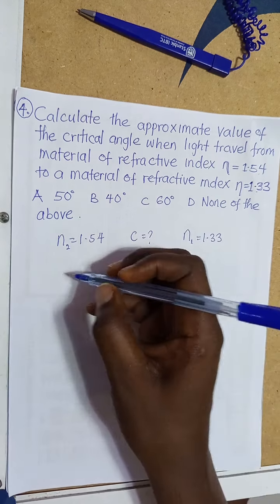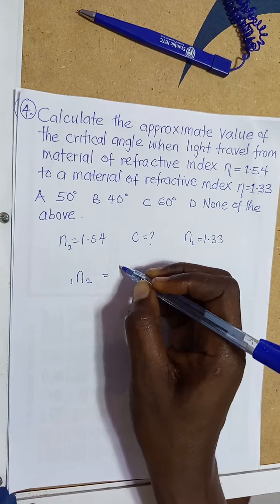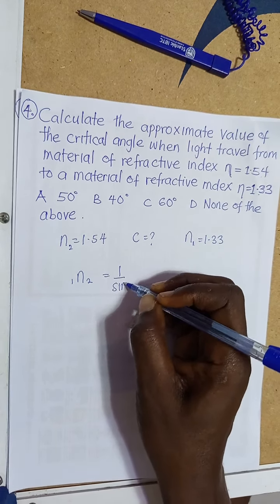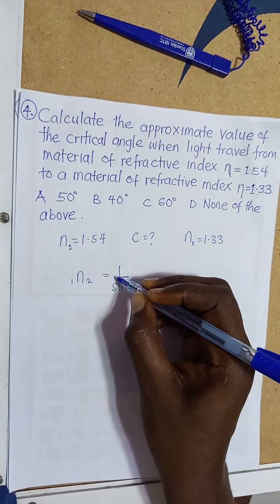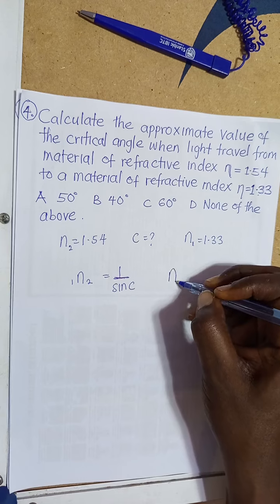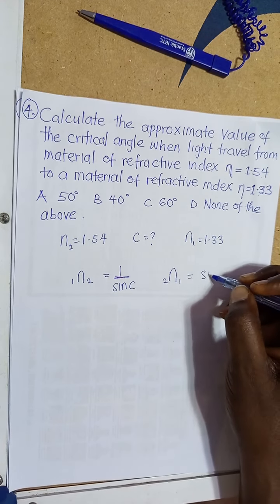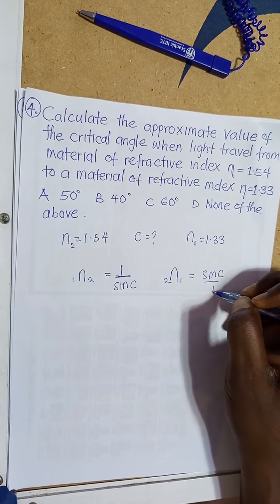If it's traveling from air, that means from 1 to 2 will give us 1 over sine C. But if you want to use 2 to 1, it will be equal to sine C over 1.